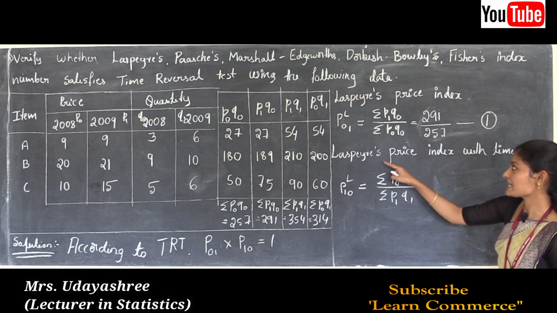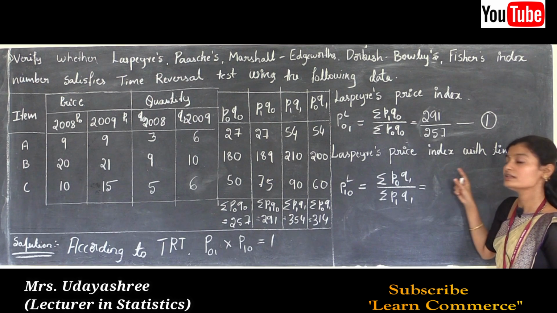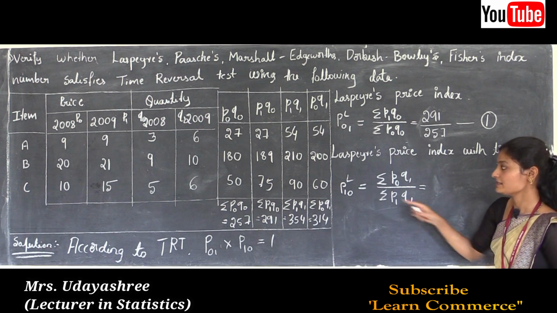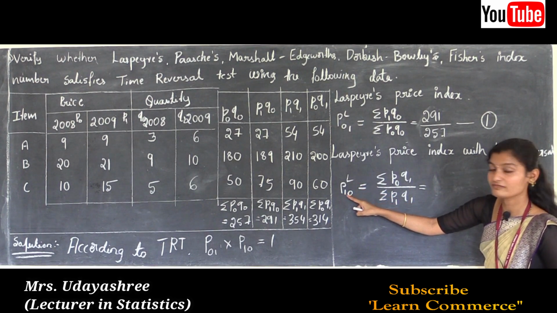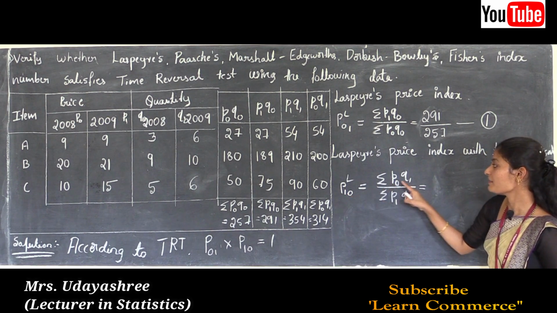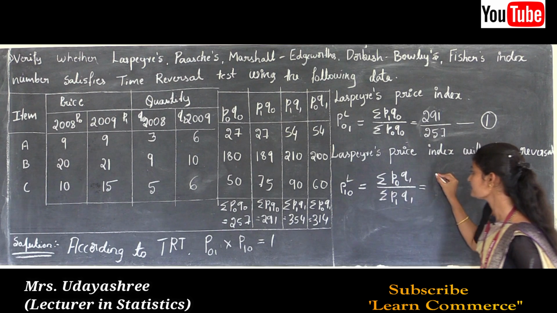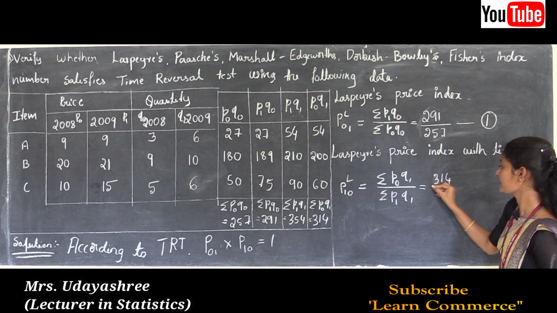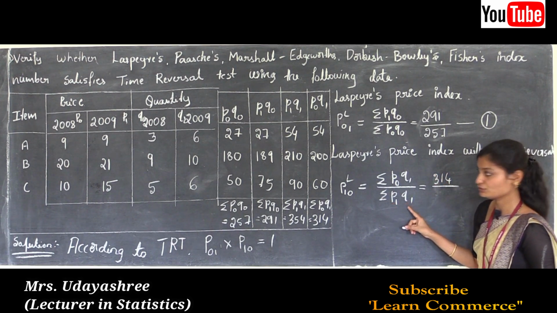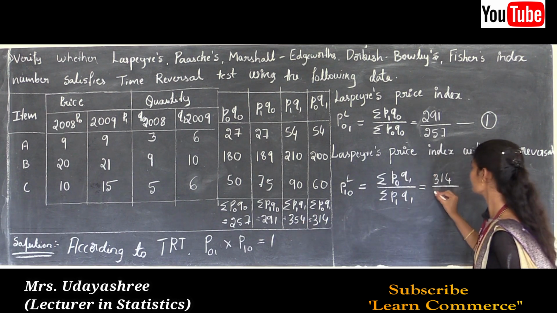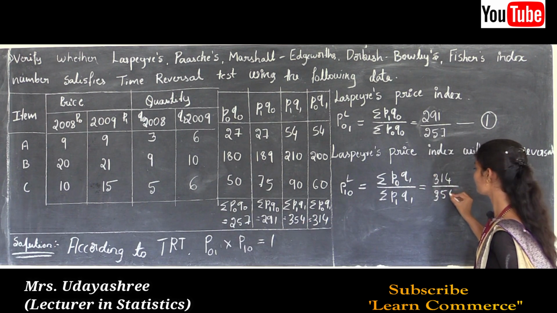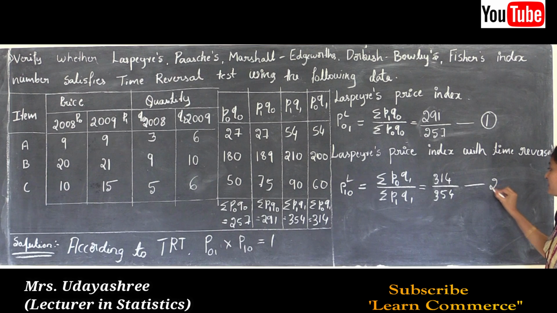Next, Laspeyres price index number with time reversal, that is P10, is equal to sum of P naught Q1, that is 314, divided by sum of P1 Q1 is 354. I will call it as equation number 2.